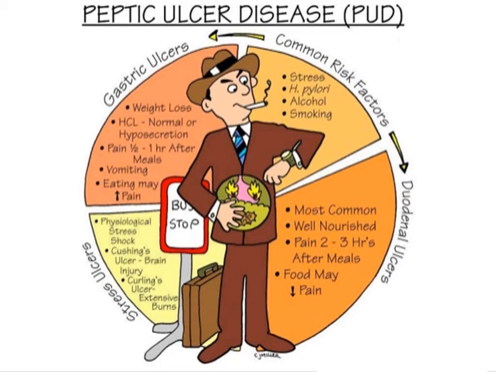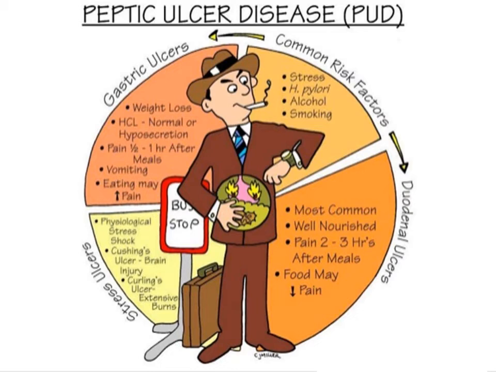So this slide shows various common risk factors, and one very important difference present in this slide is between gastric ulcers and duodenal ulcers. In gastric ulcers, the patient loses weight, while in case of duodenal ulcer, the patient gains weight.